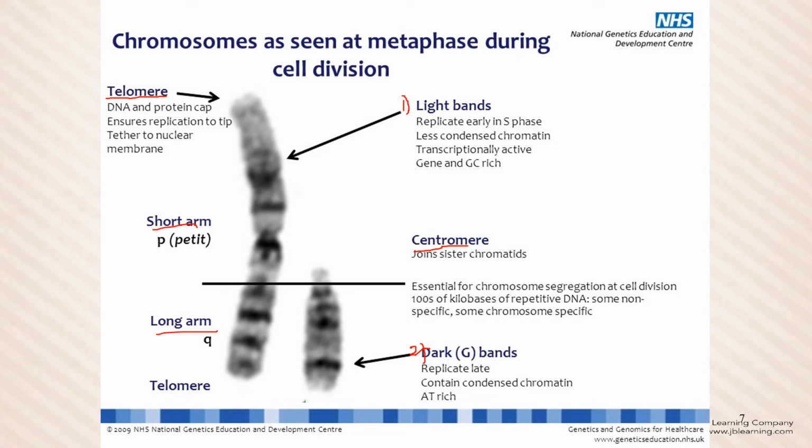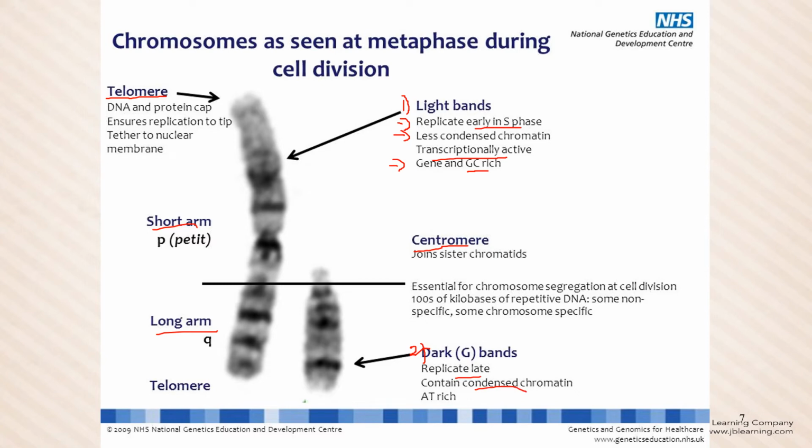In the light bands, you will find that those sections of the chromosome replicate early in the S, or synthesis, phase. They are less condensed chromatin, and for that reason, as they are not as packed, they are transcriptionally active, and they have more repetitions of G and C. On the other hand, the dark bands replicate late.